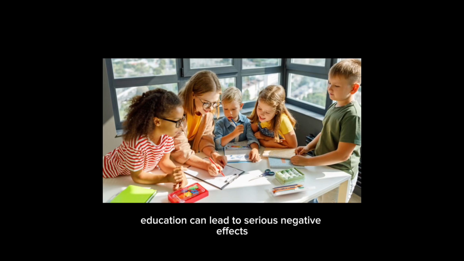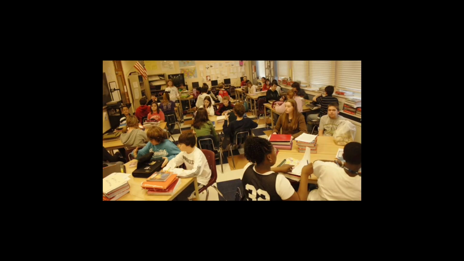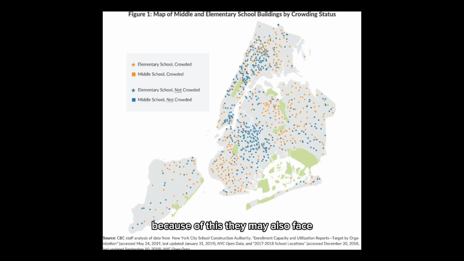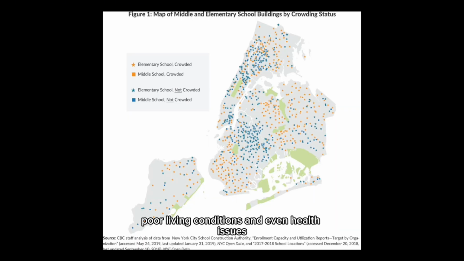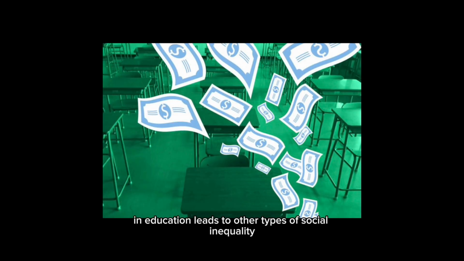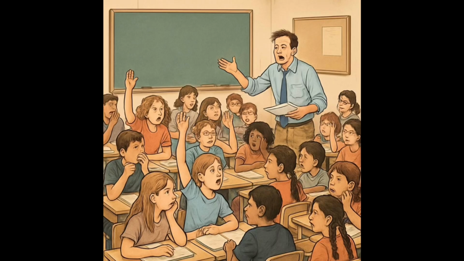In the long term, not having a quality education can lead to serious negative effects. For example, people who receive a weaker education may struggle to find stable jobs and earn enough money. Because of this, they may also face poor living conditions and even health issues. Overall, this example shows how inequality in education leads to other types of social inequality. Students from low-income families often go to underfunded schools, which limits their opportunities.